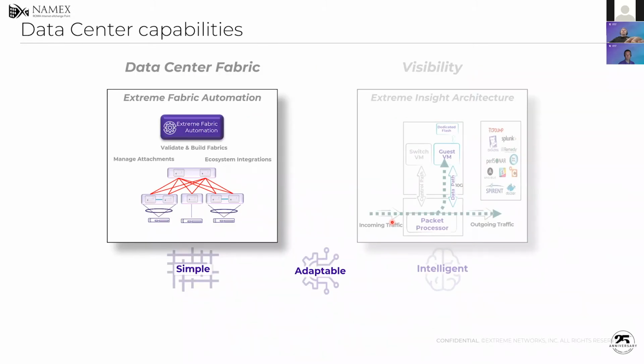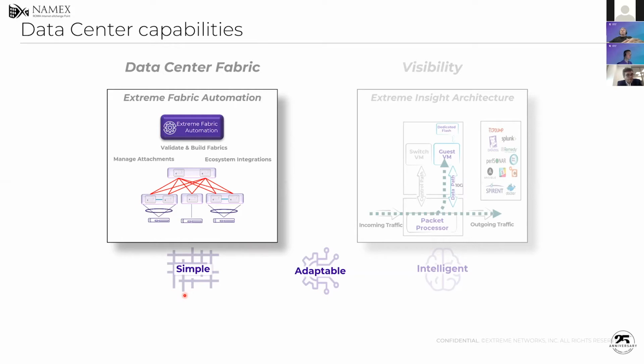So let's dig a little deeper into the data center capabilities that are important for you to create insight and information about this. So on the first side, we talk about automation, and that obviously creates the simplicity for your operations.